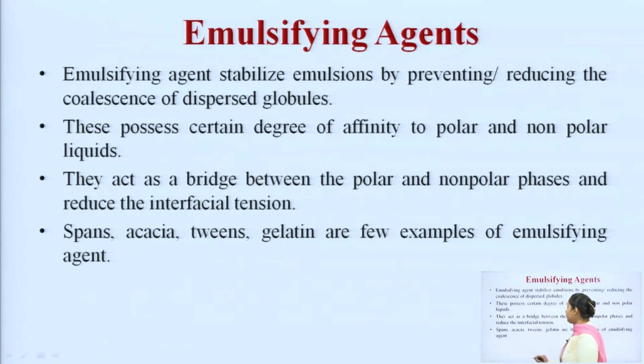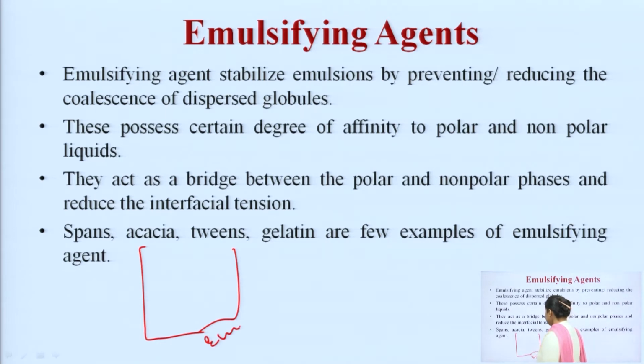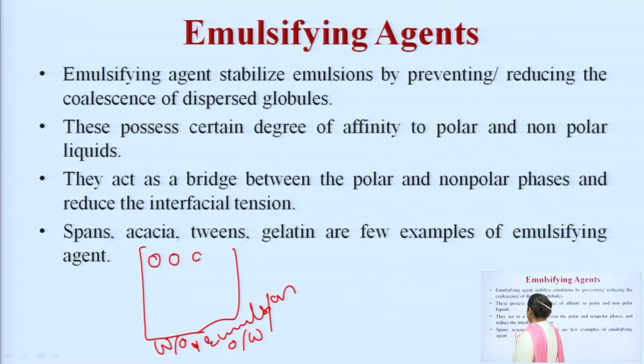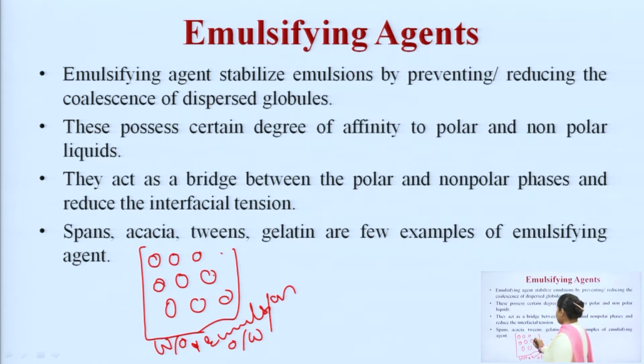What happens when we prepare the emulsion, whether we are going to prepare water in oil or oil in water type of emulsion? We disperse one phase, that is called the disperse phase, into the other phase. This is an oil globule and this is your water phase.